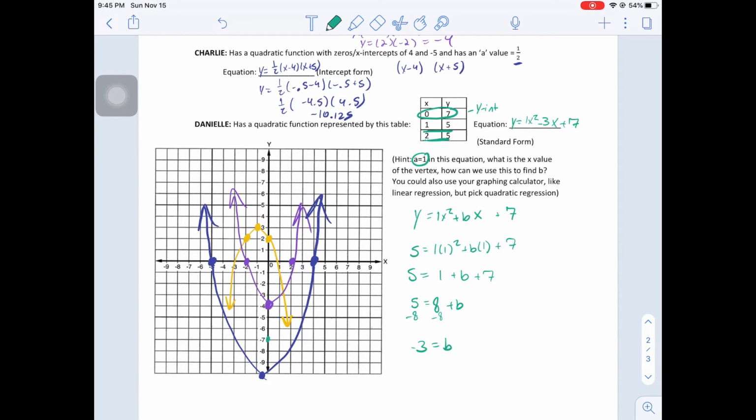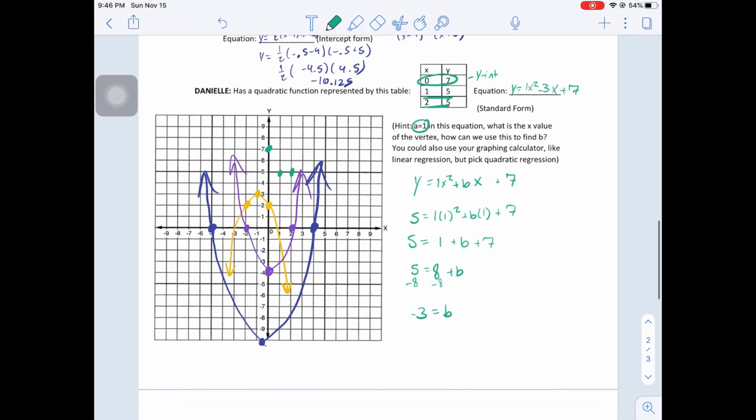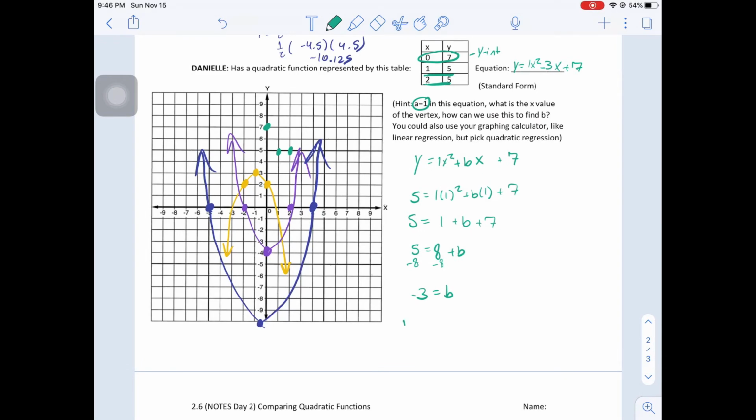And then our last one actually gives us 3 points. (0, 7) is 1 point. We know (1, 5), and we know (2, 5) as well. Okay, so this one, it's kind of hard to actually see this graph a little bit here. We might need to find the vertex of this point, so let's do that. Well, we know that it's going to be between 1 and 2, so that's 1.5.